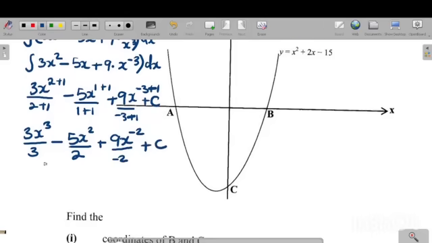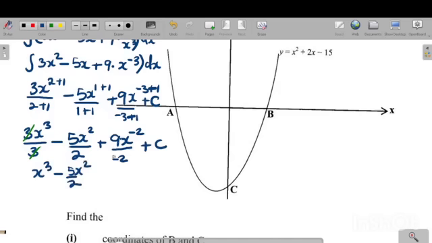Now we are going to simplify further. This 3 and this 3 will cancel. What we are going to remain with is x to the power 3 minus 5x squared over 2.